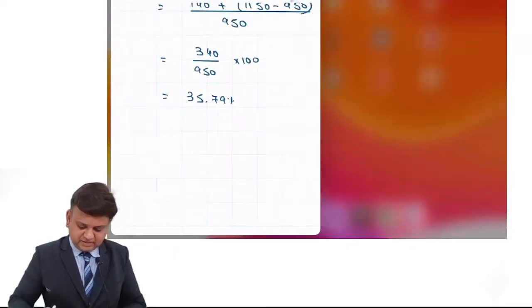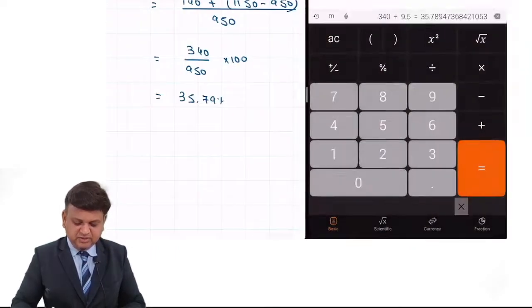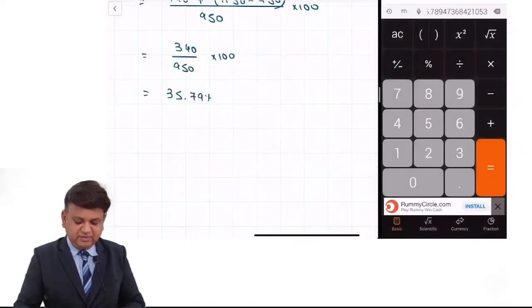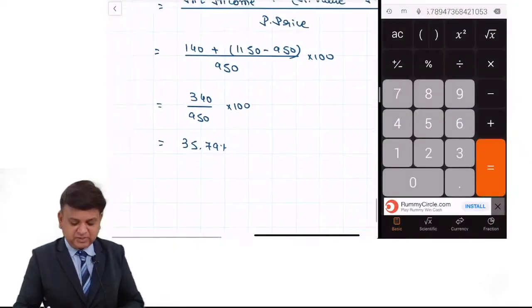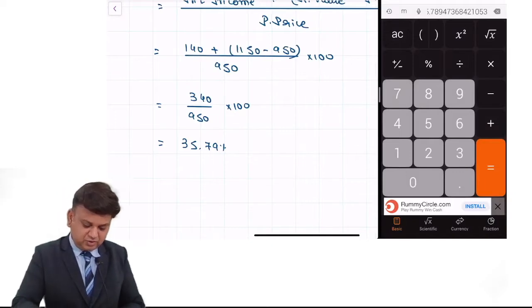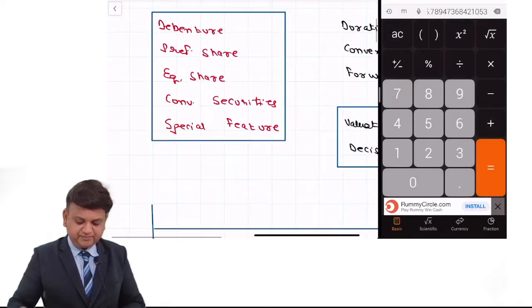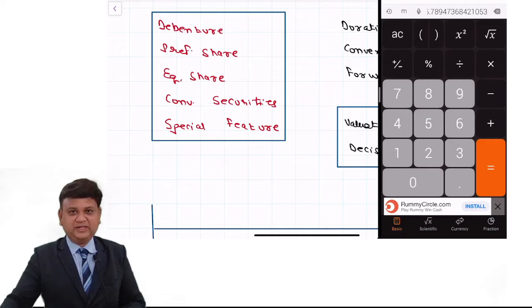So we understand that the actual return is 35.79% and that exceeds the minimum required rate of return, that is 25%. So the security should be purchased. That is the way we are required to write the answer.